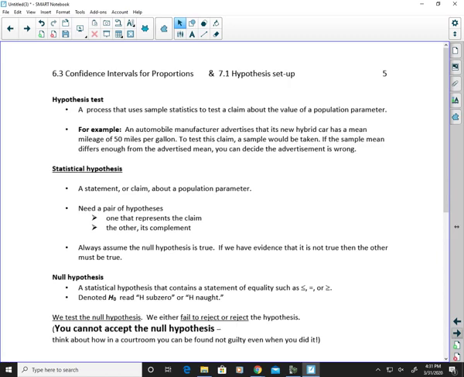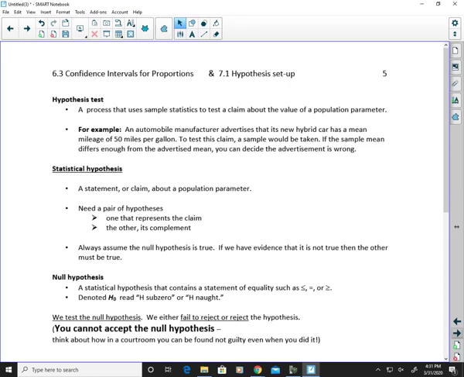So it doesn't give you quite as much information about the window of potential values, but it compares a sample value to a value that you think might be true and looks for what the probability of that happening is.